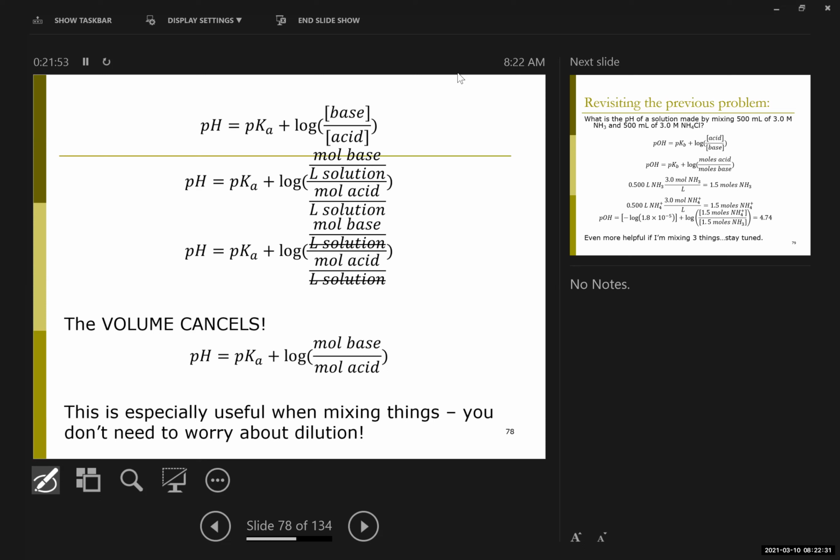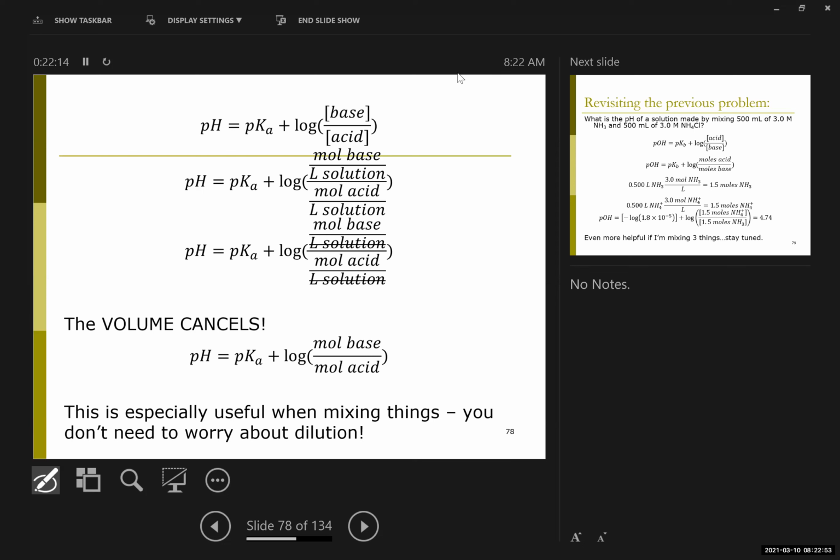It would be nice in a way if that always happened, for all equilibrium problems. Not that molarity is so difficult to calculate or hard to use. But the thing about the moles of the compound is that they don't care about the dilution.